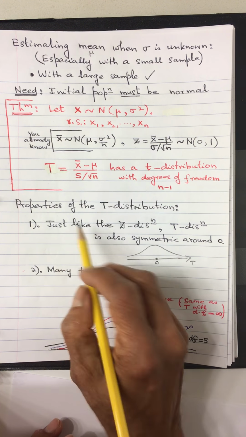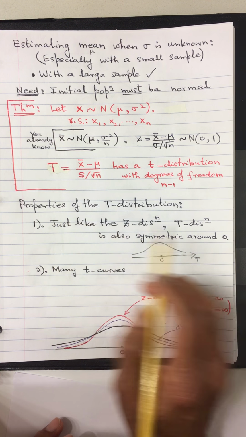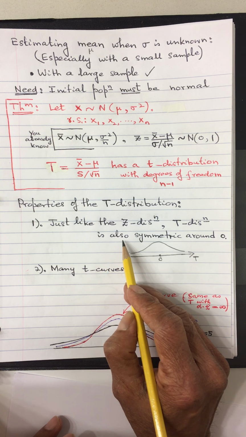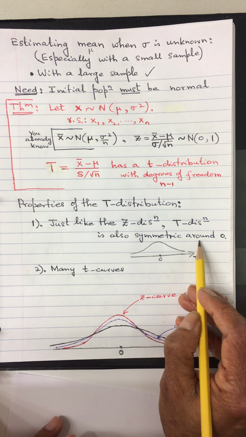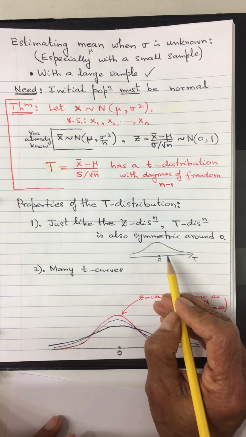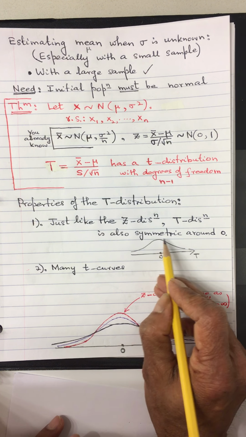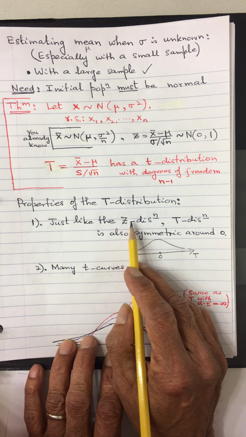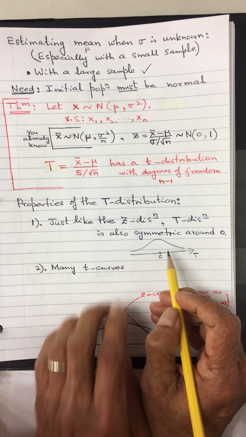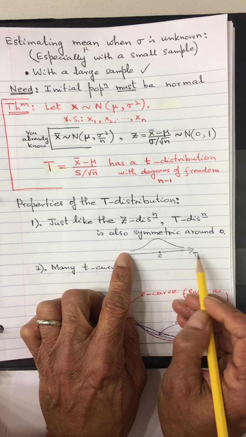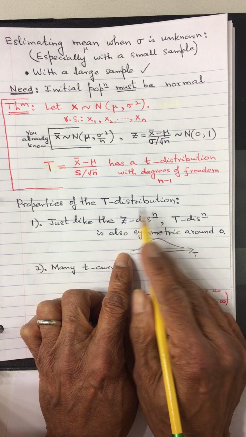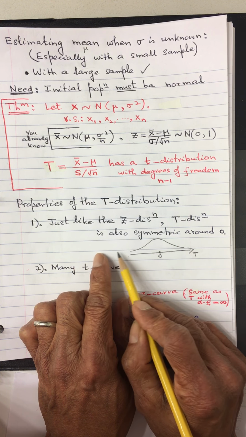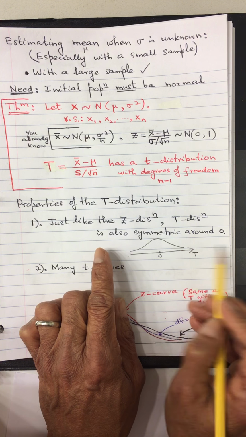The properties of the t distribution are as follows. Just like the z curve, the t distribution is a symmetric distribution around 0. You already know that the z curve is symmetric around 0, but the z curve has a special property. You remember that the z curve pretty much lies within -3 and +3, the way we talk about the z table; there's almost nothing below -3 or above +3.